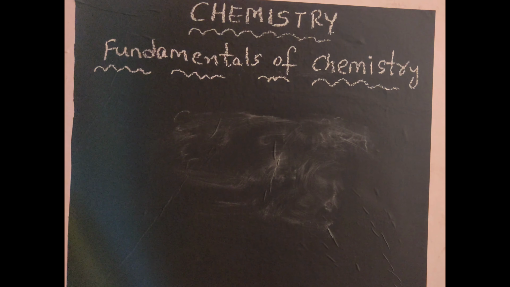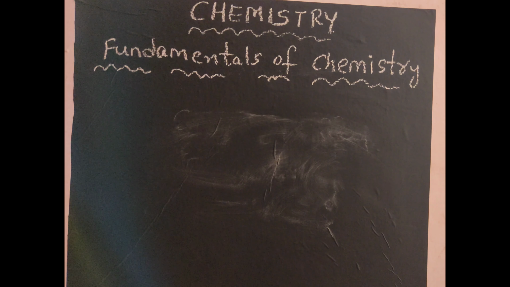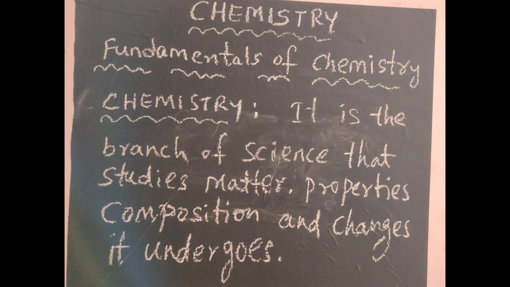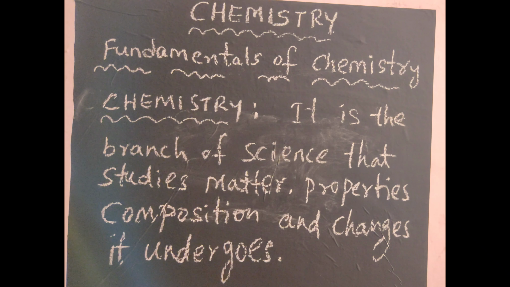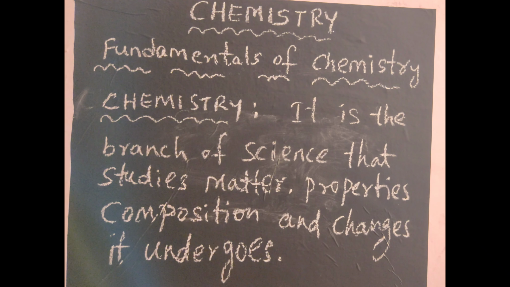Now we are going to discuss the definition of chemistry. Chemistry is a branch of science that deals with the study of matter, its properties, composition, and the changes it undergoes.